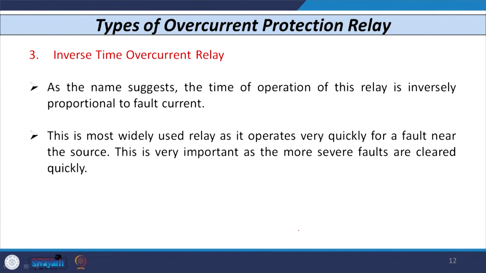Now let us see the third type of relay, known as inverse time overcurrent relay. It is also denoted by the letters IOC. As the name suggests, the time of operation of this relay is inversely proportional to the fault current, and it is the most widely used relay, because if a fault occurs very near to the source, then the minimum time of operation is achieved and the relay operates with minimum time.